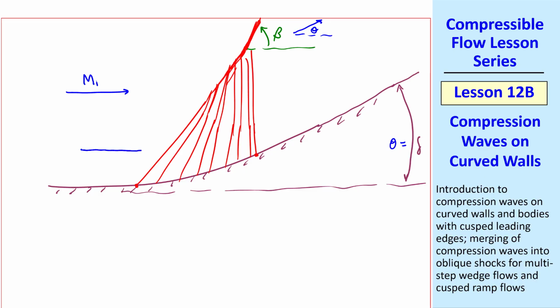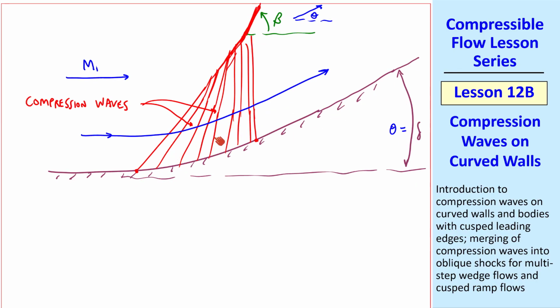A streamline would go nice and smoothly through these so-called compression waves, and though I've only drawn 9 here, there's actually an infinite number, each one being a very weak oblique shock. In fact, each one of these compression waves is an infinitesimally weak oblique shock.